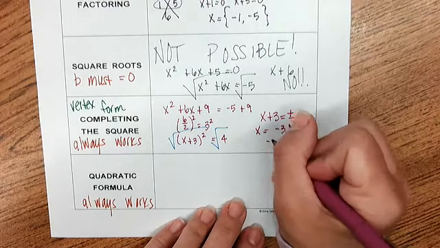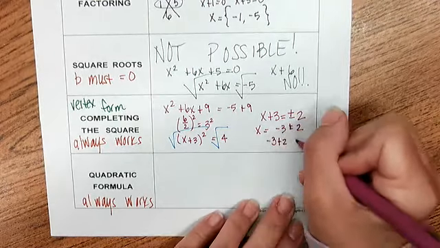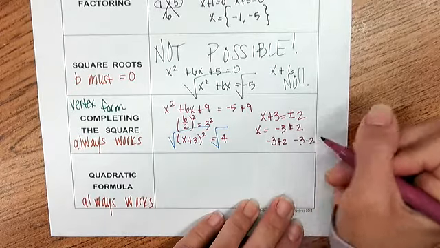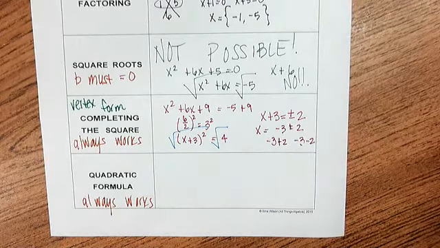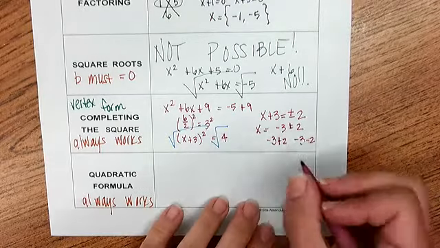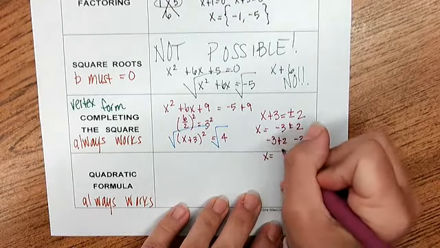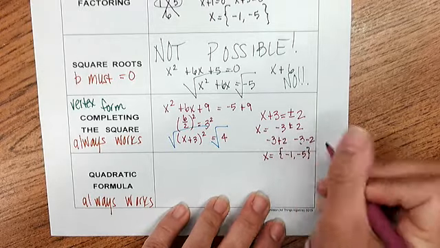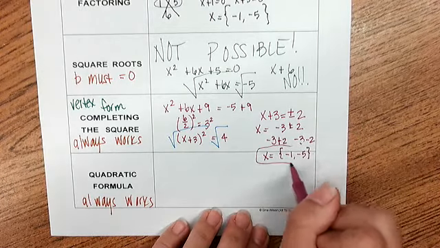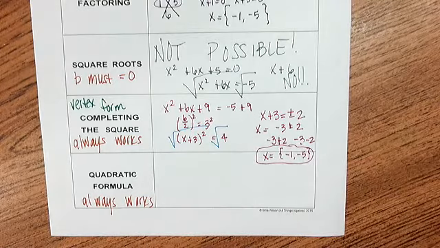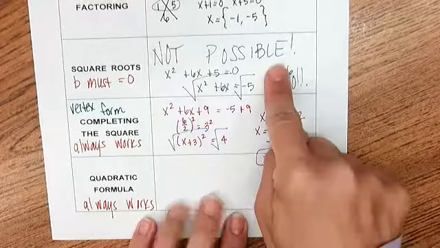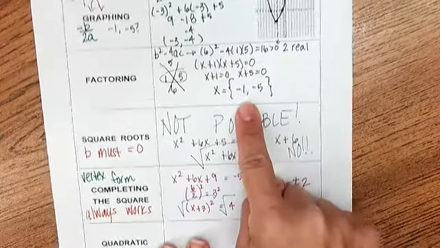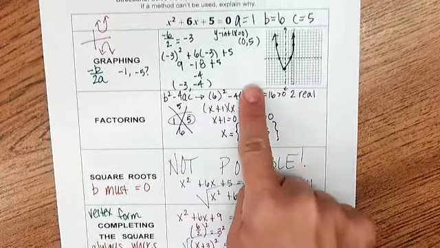Negative 3 plus 2, negative 3 minus 2. And guess what? I think that's going to be negative 1 and negative 5. Negative 1, negative 5. This wasn't possible. Negative 1, negative 5. Pretty close.